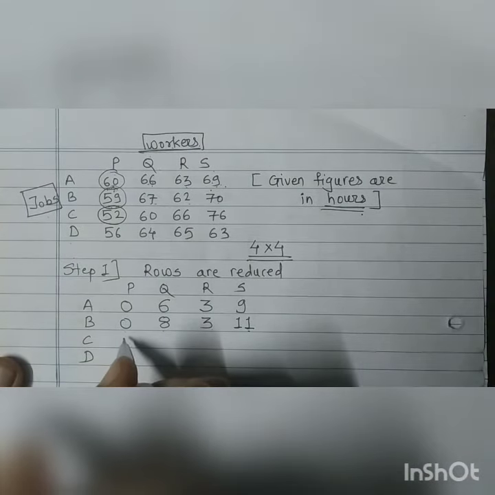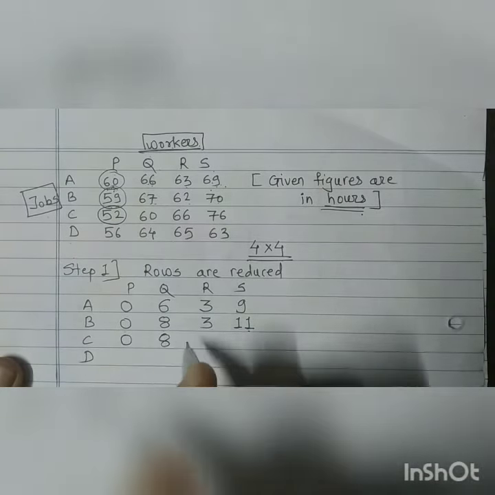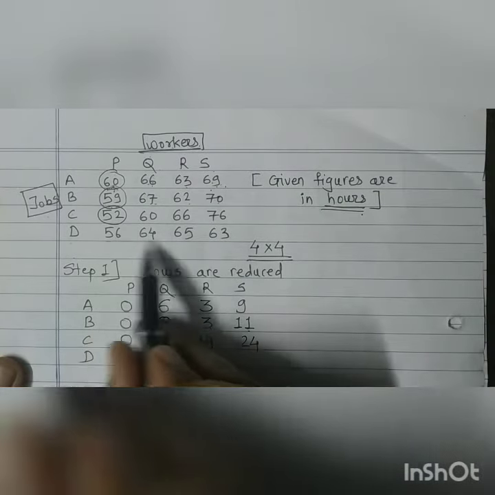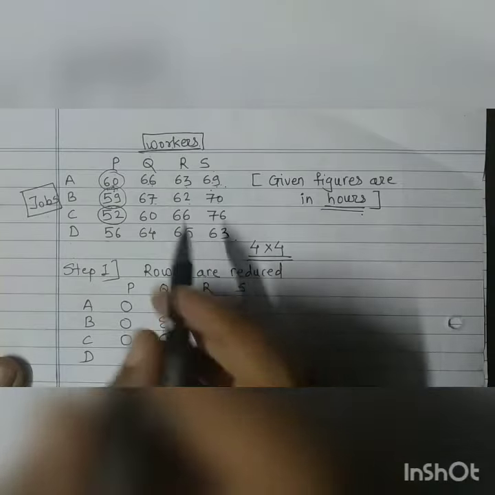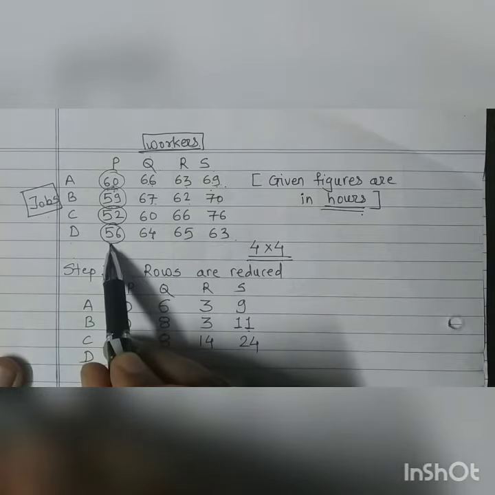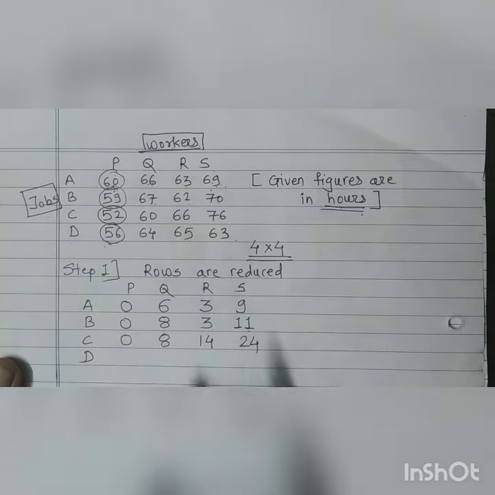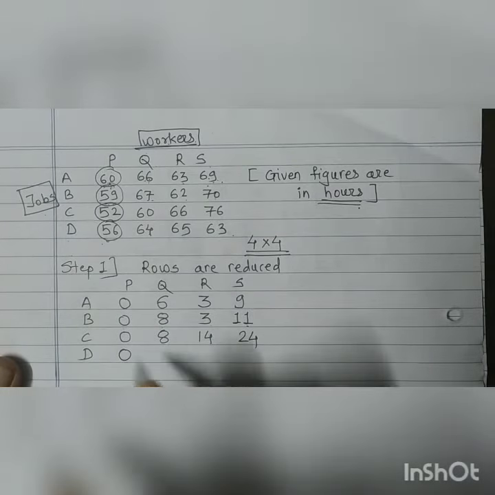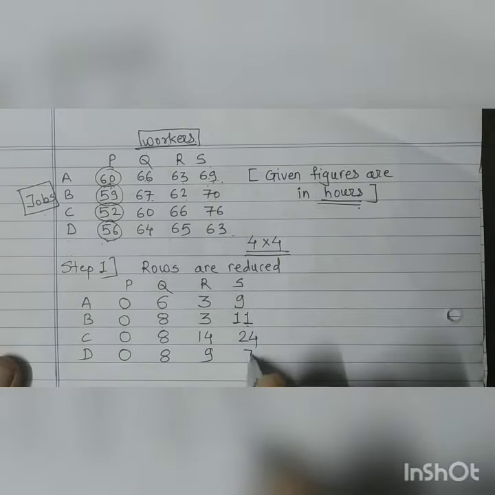So the improved version is 0, 8, 14 and 24. Similarly, consider the last row. In the last row, the smallest element is 56. So 56 minus 56, 64 minus 56, 65 minus 56 and 63 minus 56. So the last row in the new matrix is 0, 8, 9 and 7.